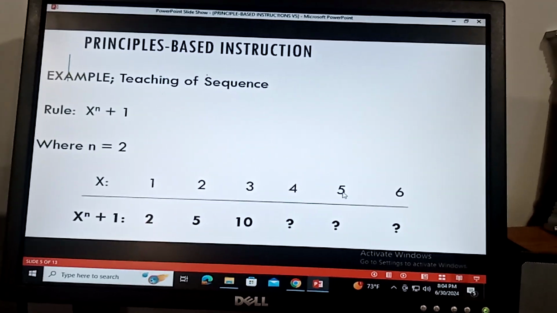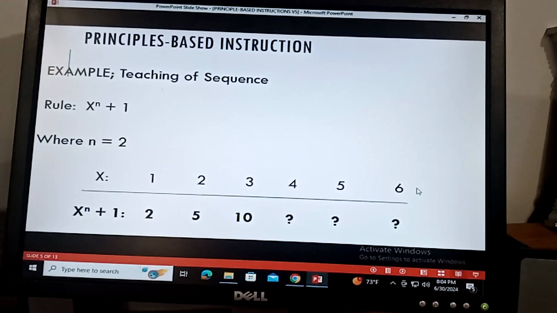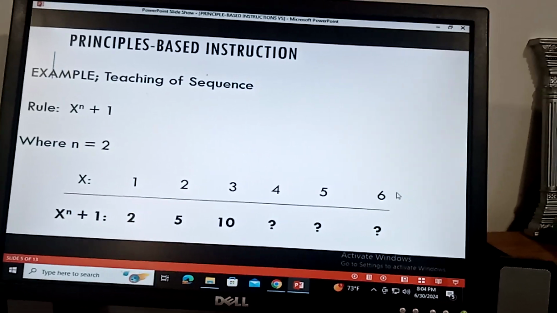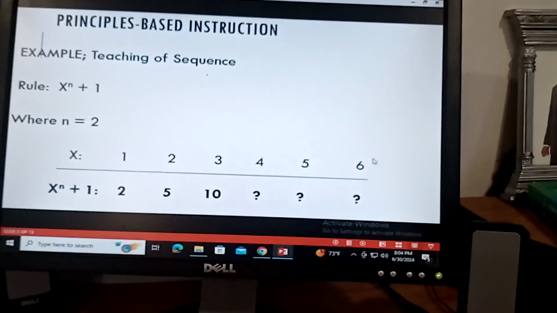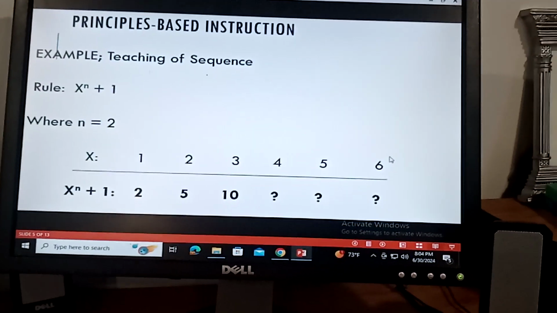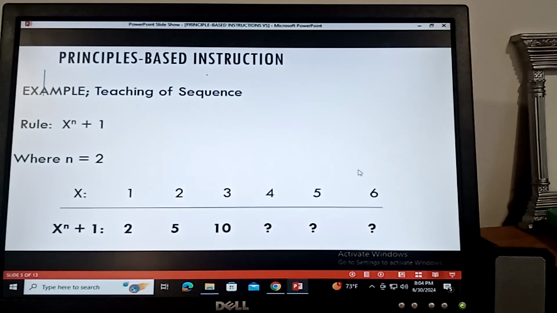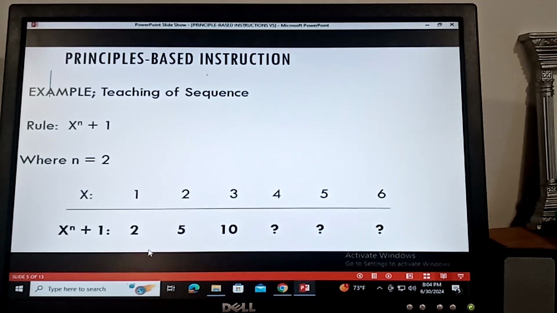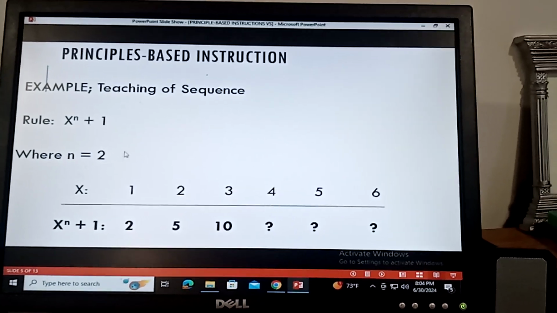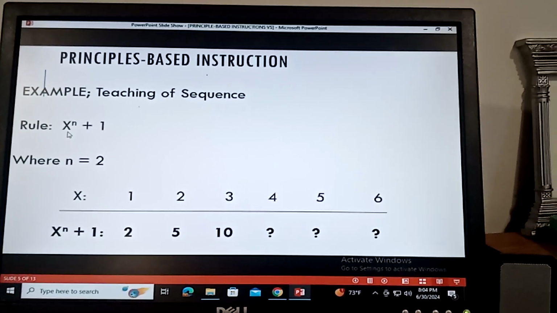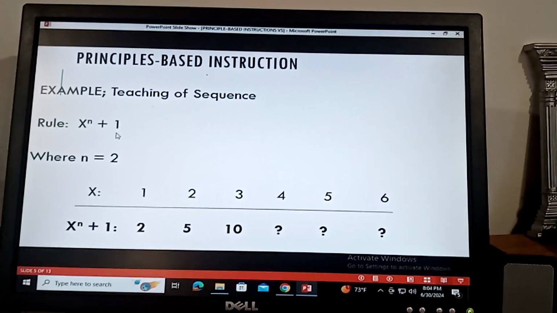The same thing will be done for 5 and 6. This is an example of a principle-based instruction. With this, when an assignment is given, the child will have to look for the rule and follow the rule to be able to answer the questions.